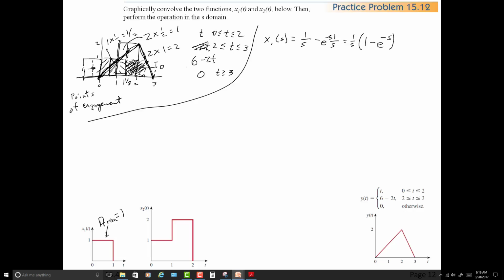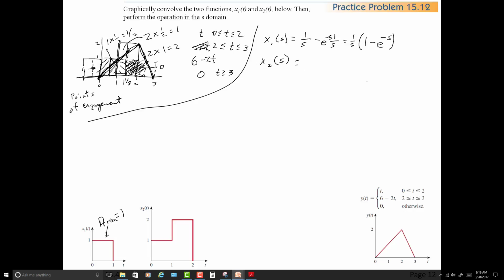Okay, and x2 of s, let's get that. Remember what we're heading for here is that the product of the S domain representations is equal to the Laplace of the convolution. So we'll get an S domain version of the convolution. Then all we have to do is go to our charts and go backwards from there.